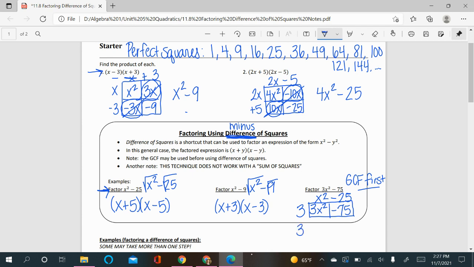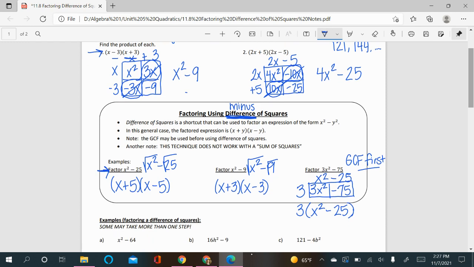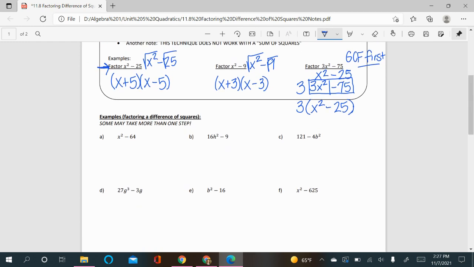I'm going to rewrite it like this, and now I have a difference of squares left. So I will take the square root and square root. The square root of x squared is x and x. The square root of 25, I'll get a positive 5 and a negative 5.